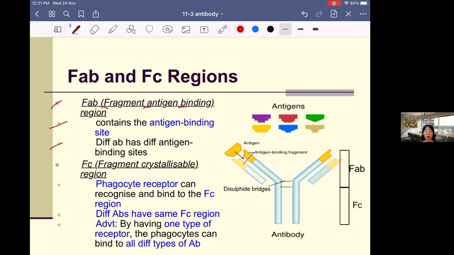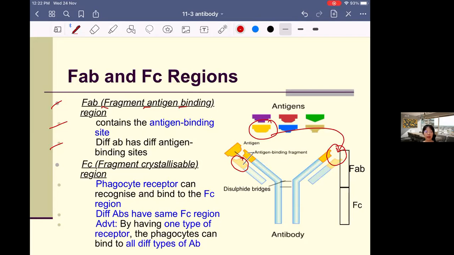Different antibodies have different antigen binding sites, which means the amino acid sequence in the variable region will be different. Because of that, the overall shape will be different, so different antigens will bind to the antigen binding sites of the antibody at the FAB region.